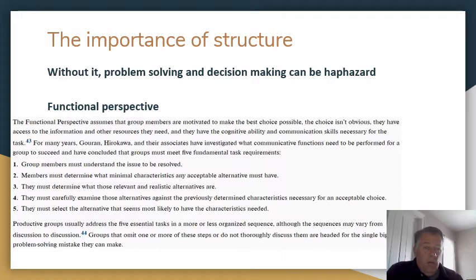They must determine what the minimal characteristics of an acceptable choice are, and they must be able to determine what's relevant and realistic. They must carefully consider and choose those alternatives, and then ultimately they must select the best alternative.